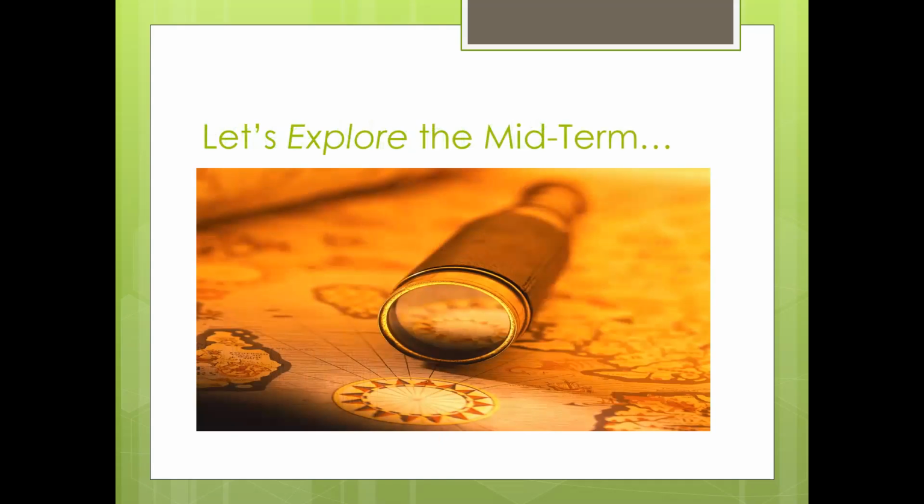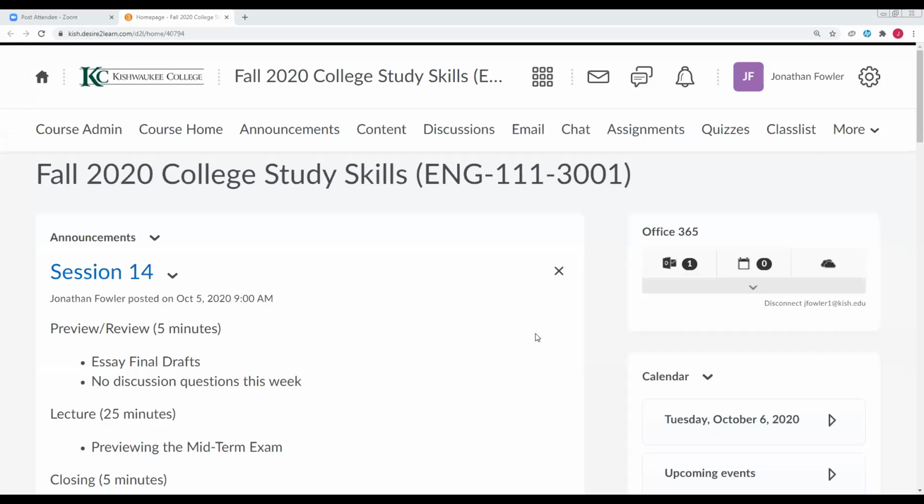Okay, so at this point, I think it's time to explore the midterm itself. I'm going to stop the share option. And I'm going to now go ahead and move from here to our actual course, the homepage for English 111 and section 3001.